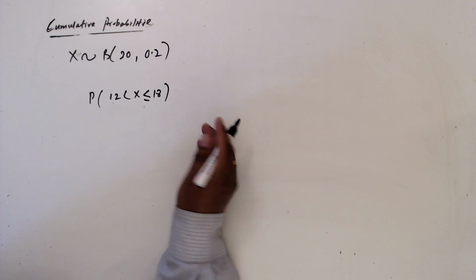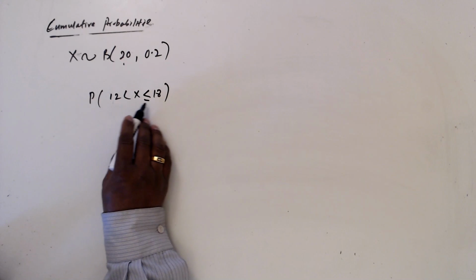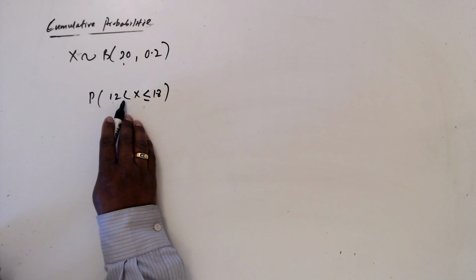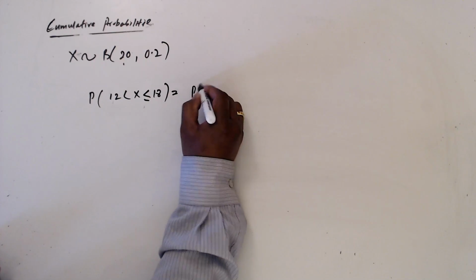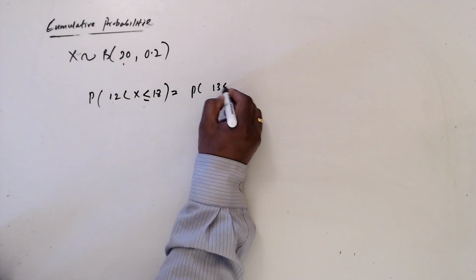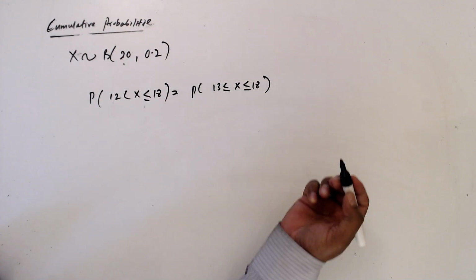Assume that n is 20 and p is 0.2, and I want to find the probability between 12 and 18. Now you can see there is no equal sign, so this is really in between: probability 13 ≤ x ≤ 17. So this is the range I need.